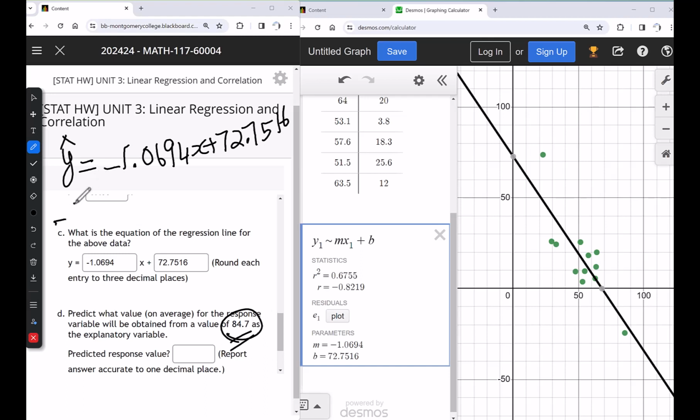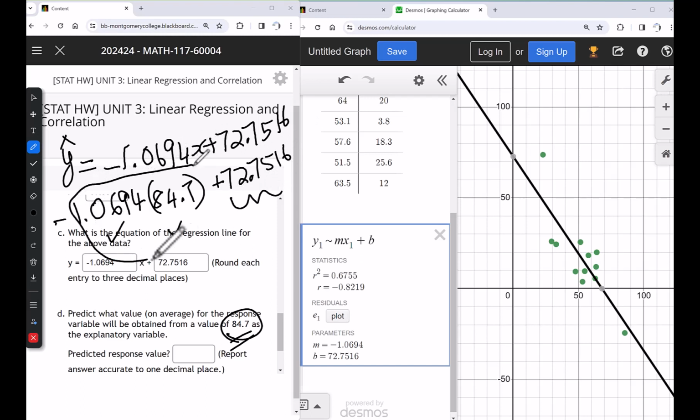So all that we have to do is write negative 1.0694 and write 84.7 in here. So these two numbers will be multiplied, and then we are going to add this number, or in other words, whatever the product of these numbers is, we shall subtract that from this number 72.7516.